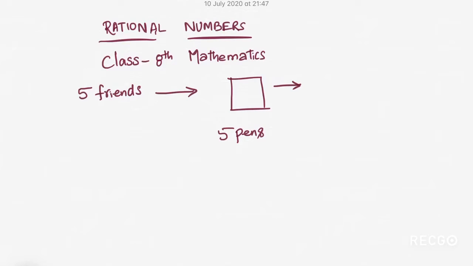The shopkeeper told that the cost of the box is rupees 22, and these 5 friends all together purchased 5 pens at the rate of 22, and they want to share the individual contribution. Contribution means the amount that each person has to give to the shopkeeper.